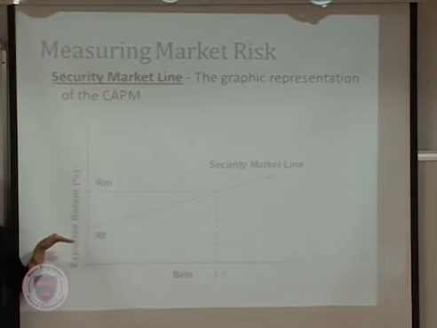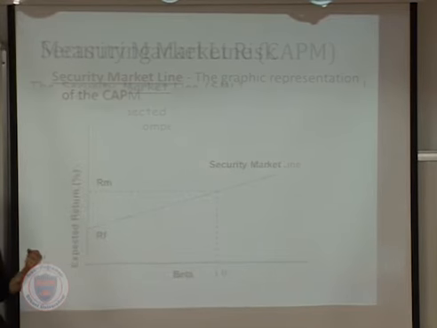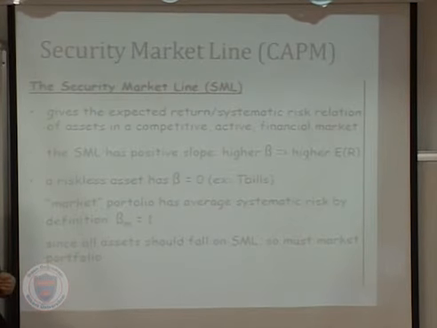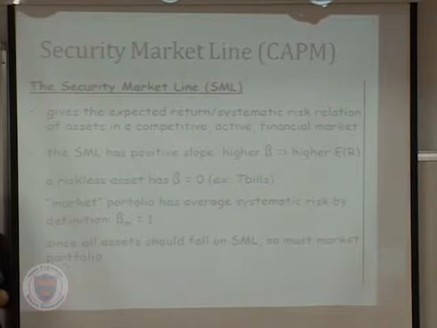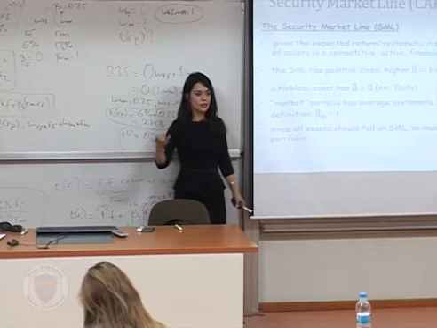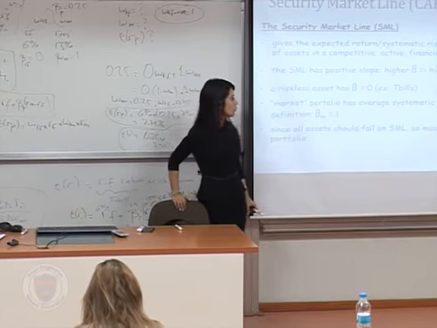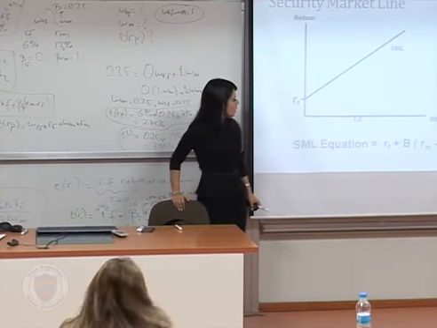Slope of the security market line is the market risk premium. So this is a summary of what we saw so far. This is important: if you have a fully diversified portfolio, then all the assets should lie on the security market line. So CAPM should work perfectly.